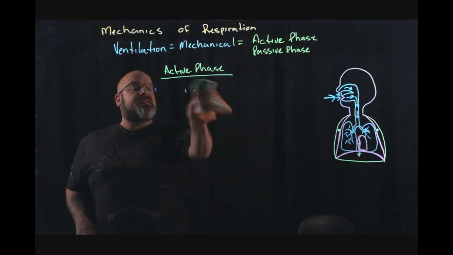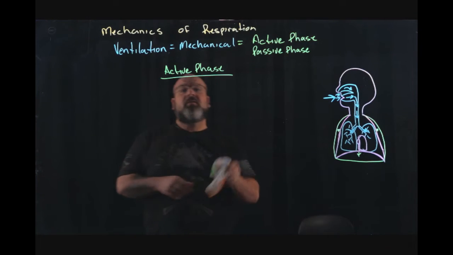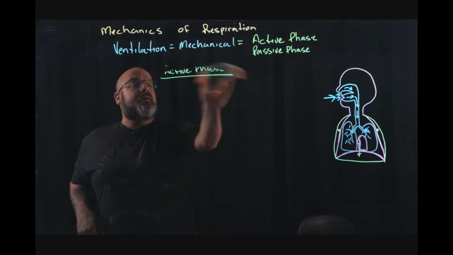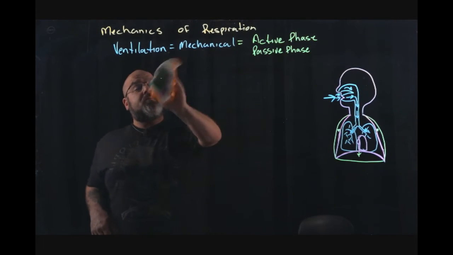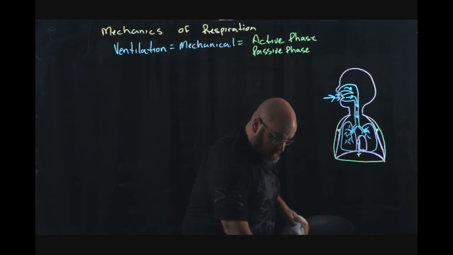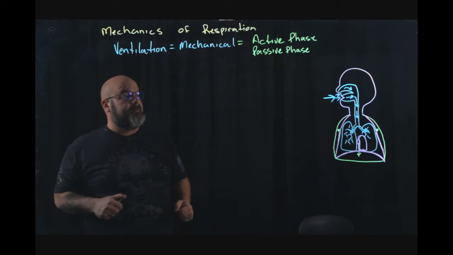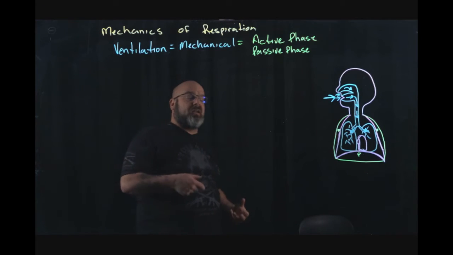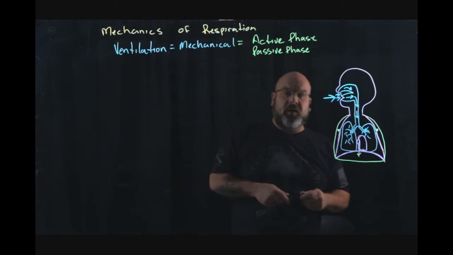We can voluntarily increase our respiratory rate. We can breathe faster on our own if we want to. We can slow ourselves down if we want to. But it is also autonomic, and it will take over for whatever the body needs.